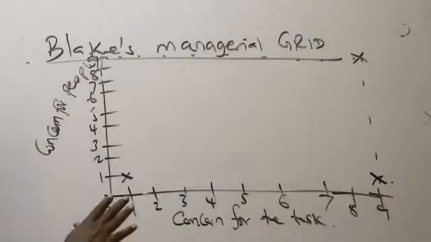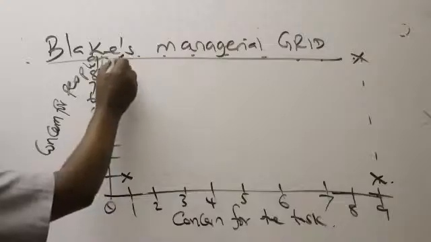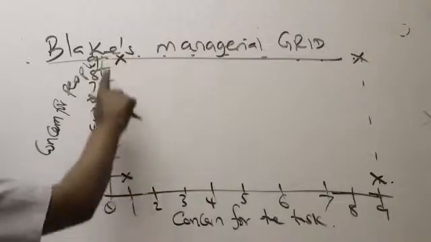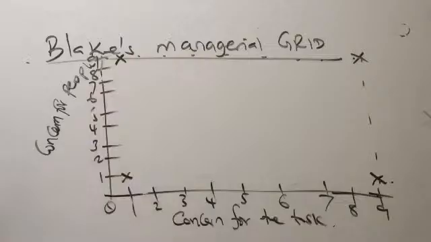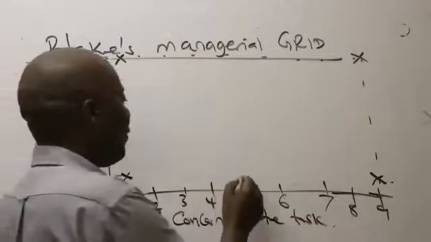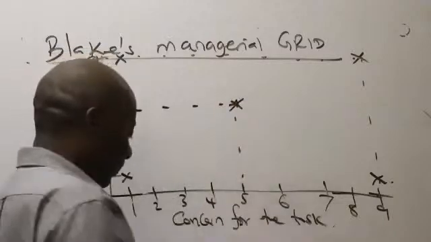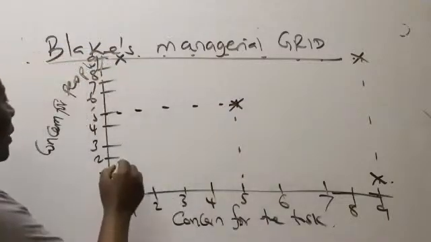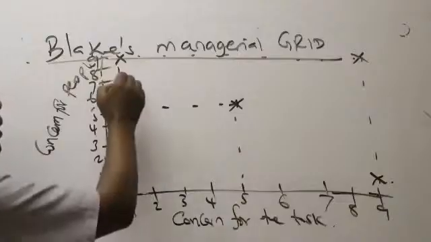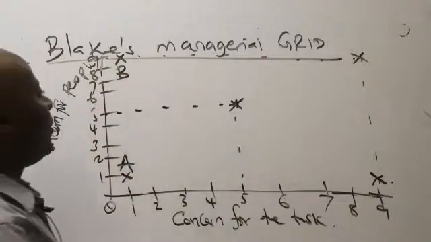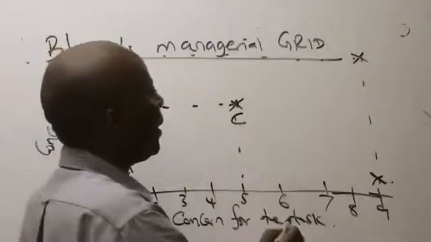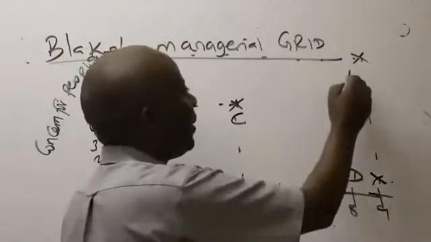And then we have this other guy who operates at 9 versus 1. And then we have the middle guy, 5, 5. So I'll call the manager who is here A, the manager there B, the manager there C, the manager here D, and the manager there E.